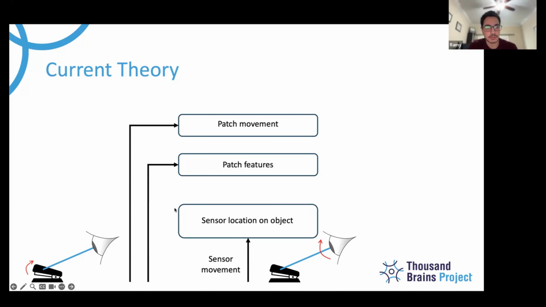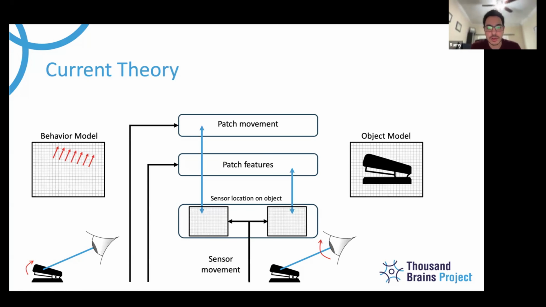Okay. And the features themselves are coming from a different pathway, the parvocellular pathway. And they're not representing change, they're representing the actual features that we're looking at. So in order to build models, the current theory is that we have two reference frames, an object reference frame and a behavior reference frame. Both of these reference frames are representing locations in physical 3D space.